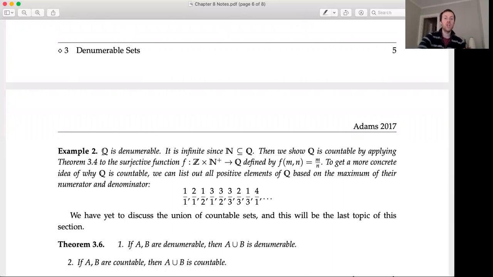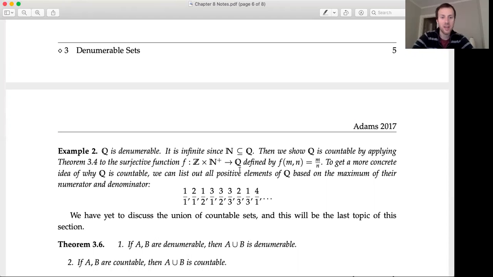So there is a bijection between the natural numbers and the rational numbers, which seems really surprising because the rational numbers, if you plotted them on a number line, are dense. They're all over the place, where natural numbers have these huge gaps in them. But they have the same size.